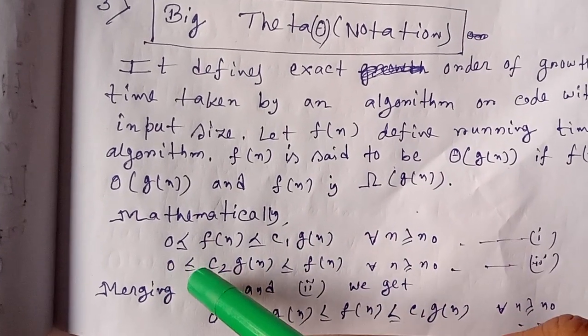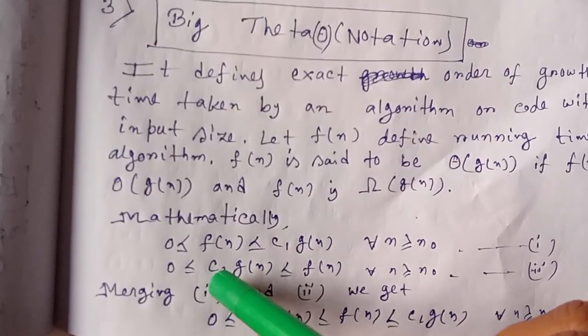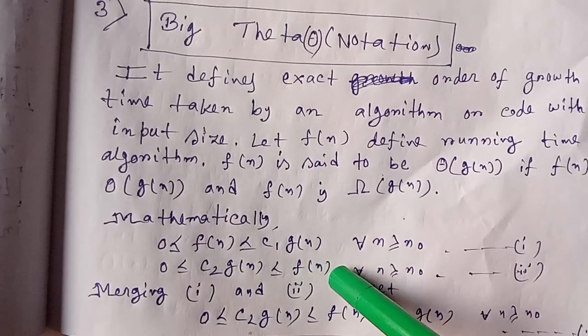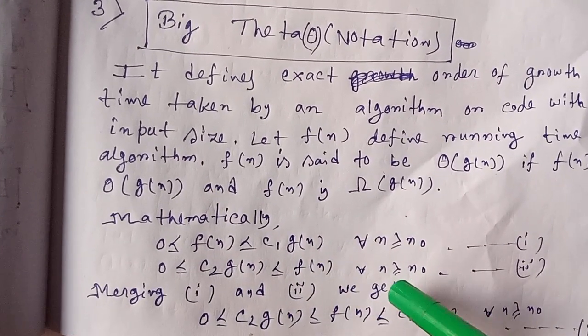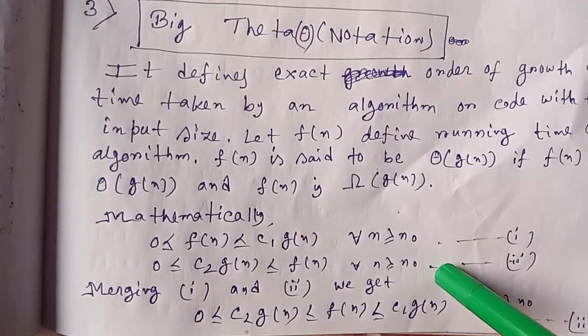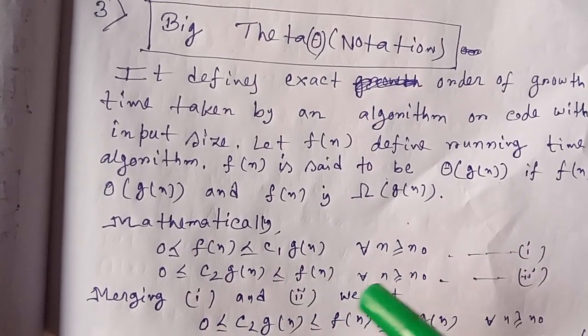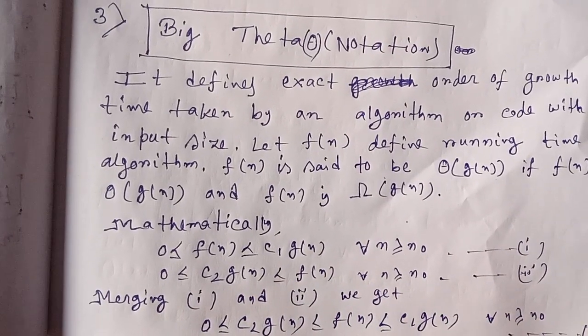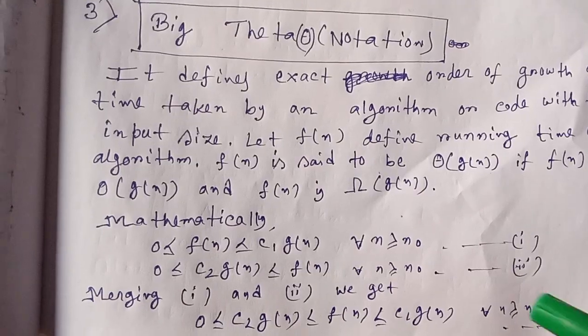Now, we have our equation 2: 0 ≤ c2 g(n) ≤ f(n) for all n ≥ n0. And what does equation 2 mean? Equation 2 means that f of n is big omega of g of n. We already studied this equation in our big omega notation.